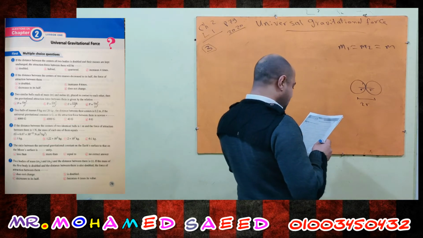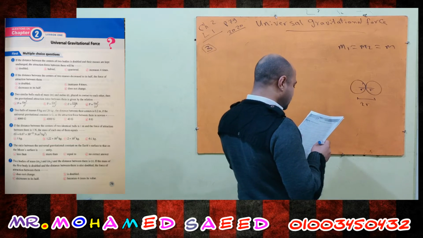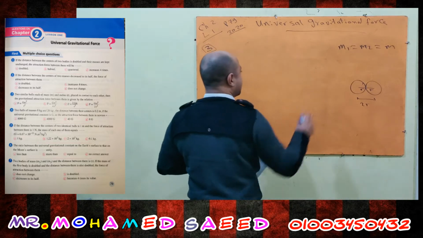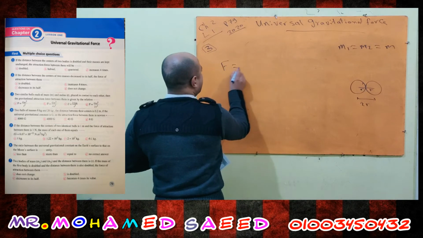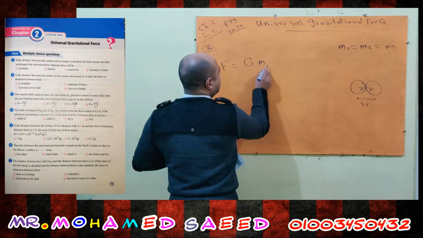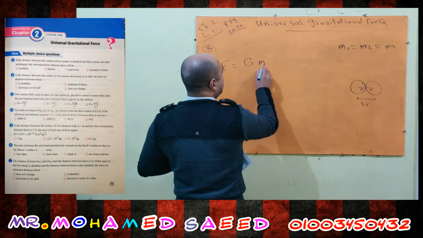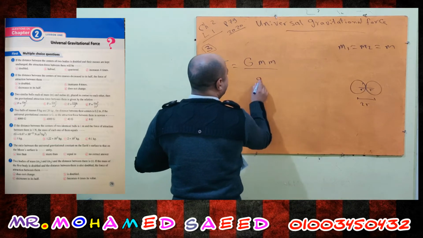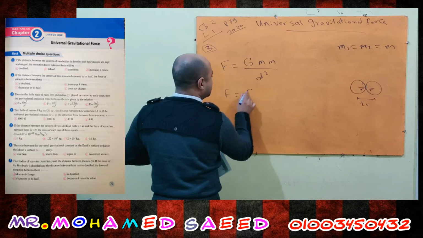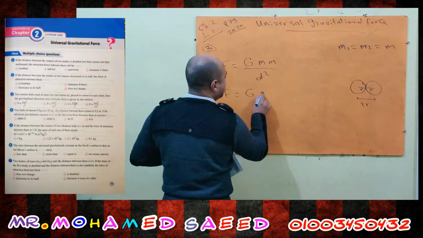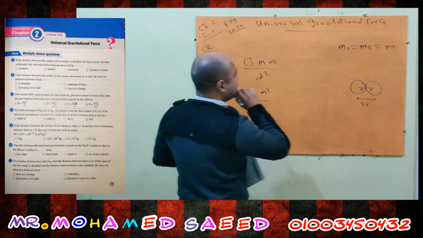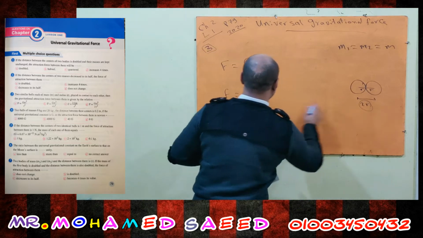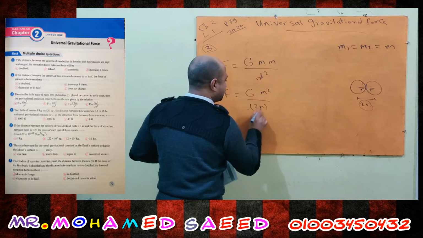With contact to each other, the gravitational attraction force between them is given by the relation: F equals what? G capital M1 M2, and M1 equals M, M2 equals also M, over D square. F equals G M times M, M square over D, 2R, all power 2.